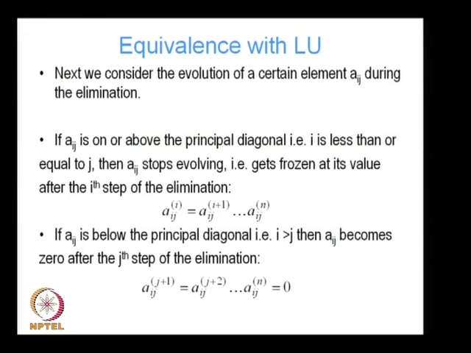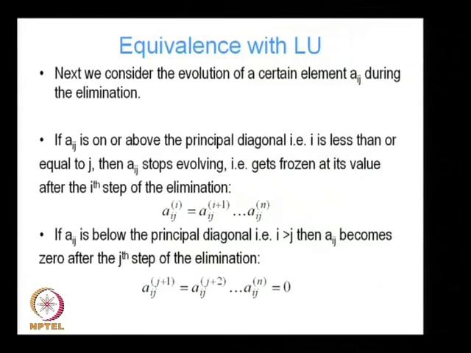So, a_ij^(n) is equal to a_ij^(j+1) through a_ij^(n), where the superscript now denotes the various steps in the Gaussian elimination. Similarly, if a_ij is below the principal diagonal, that is if i is greater than j, that is, its row index is greater than the value of the column index, then a_ij becomes 0 after the jth step of the elimination, because recall at the end of the Gaussian elimination what are we going to get?